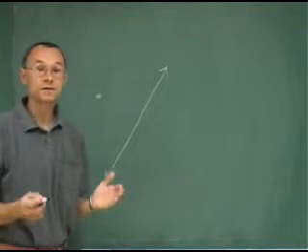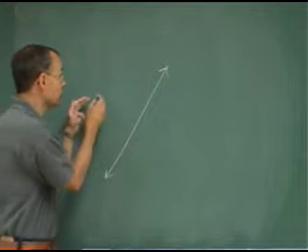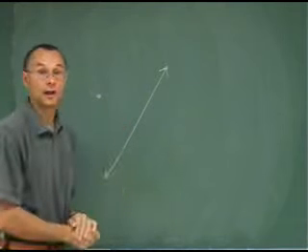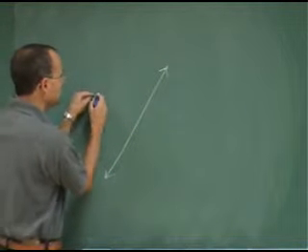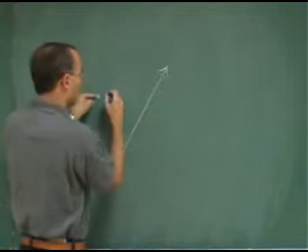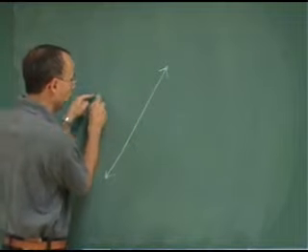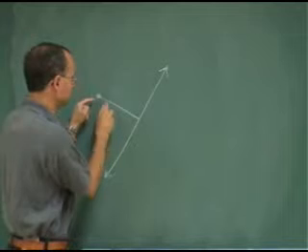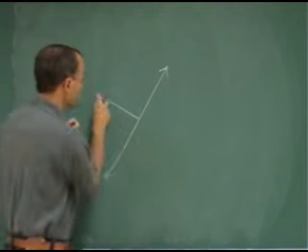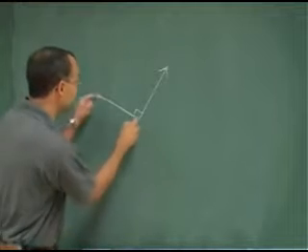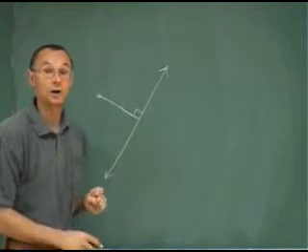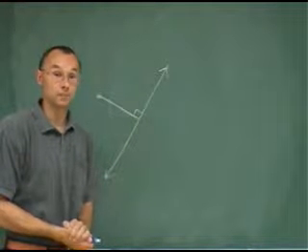What we're going to try and find is the shortest distance from this point over to that line. When you talk about shortest distances, you're not talking about going up to there or down to here. You're talking about straight across, so that it's perpendicular. That's the kind of distance we're going to try and figure out.